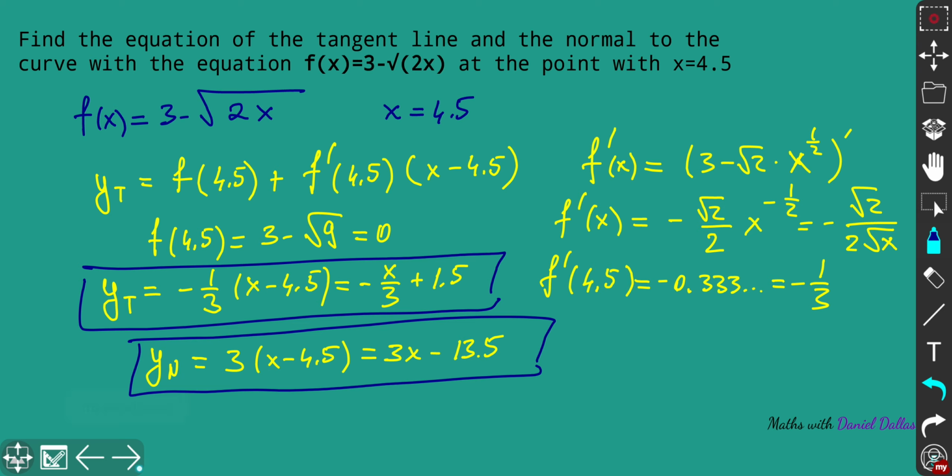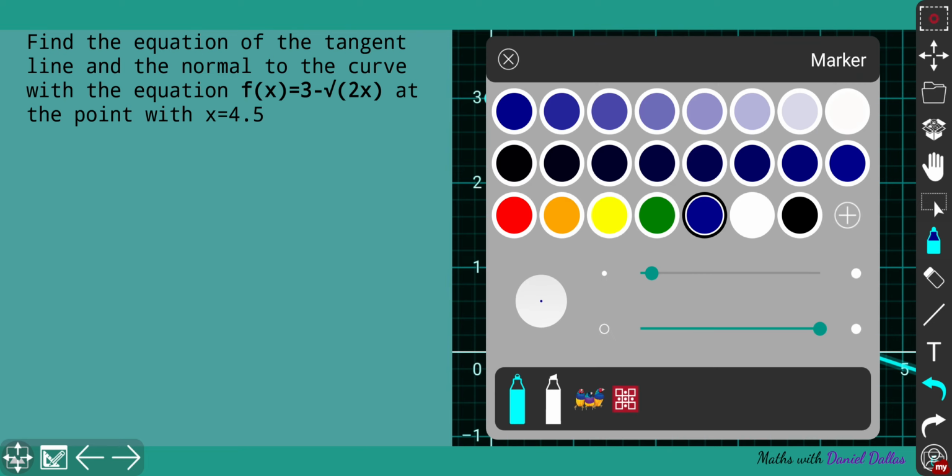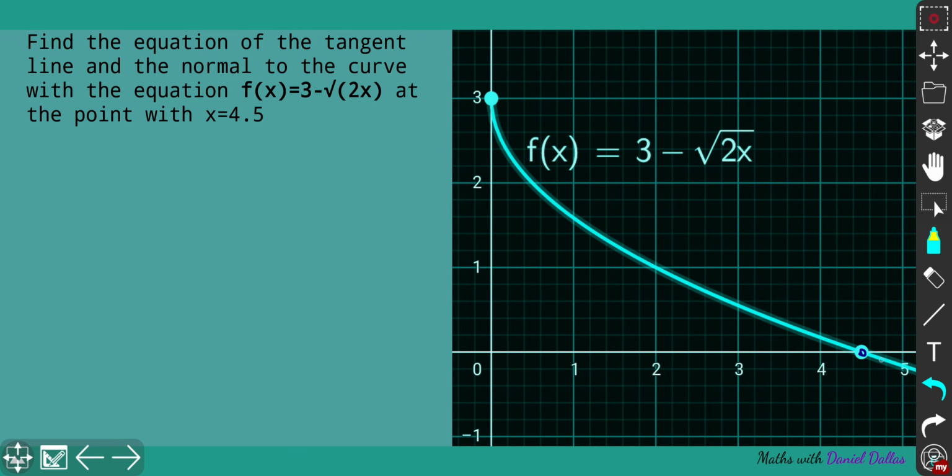If you want to have a look at how it looks on the graph, so that's your point, x equals 4.5, and you're looking for the tangent. So the tangent line should be approximately, I'm not sure, it's more of a trial and error method because you need to do it by eye, okay?